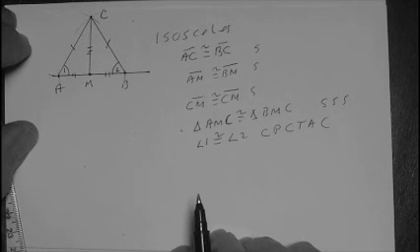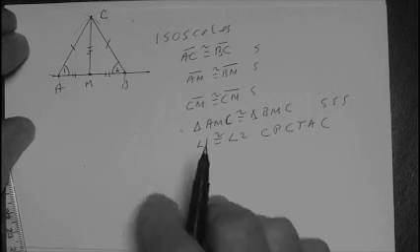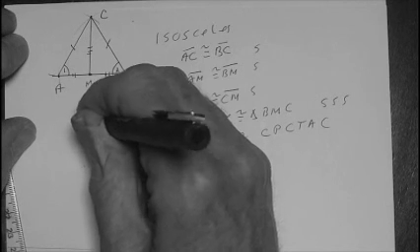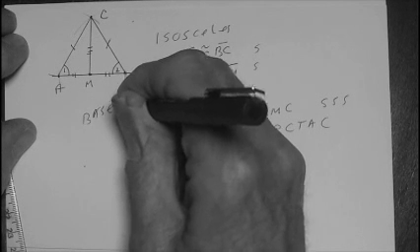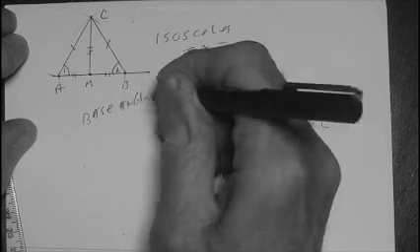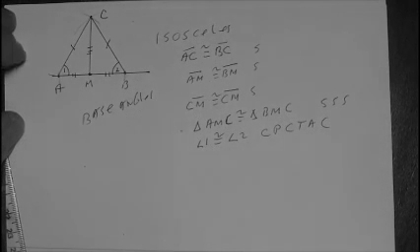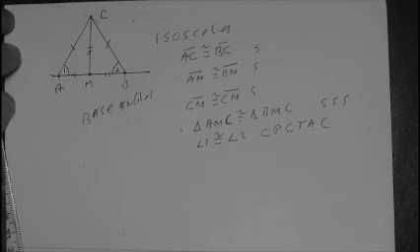How about that? What we've got here is the base angles of an isosceles triangle have to be equal to each other. And that's kind of useful, because isosceles triangles pop up every place.